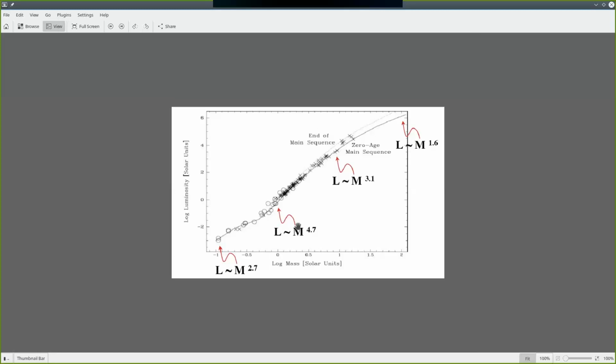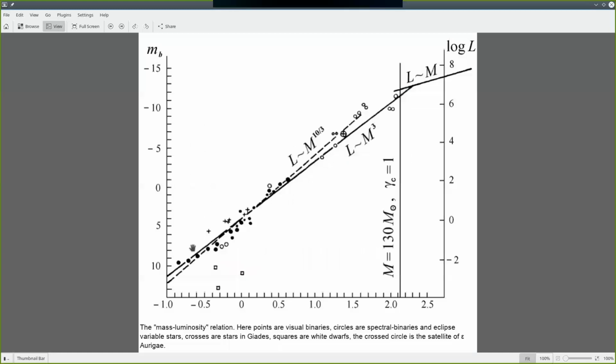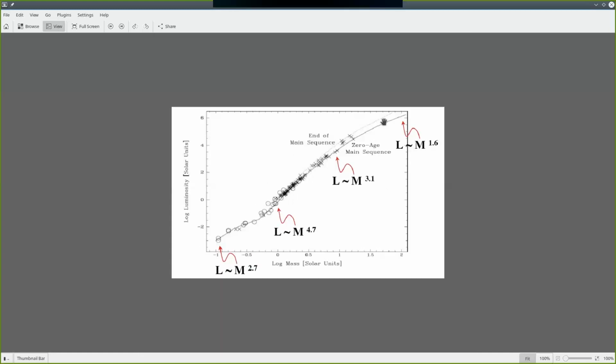The fitting also depends on the data and on the way, because here we put up to this value more or less 3.